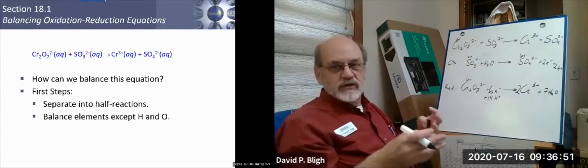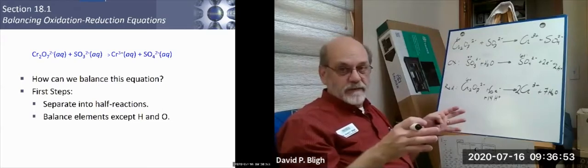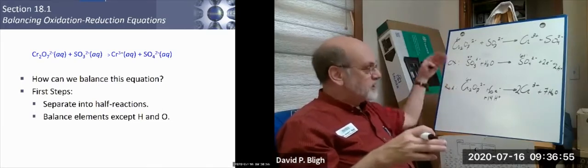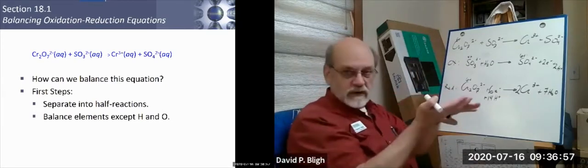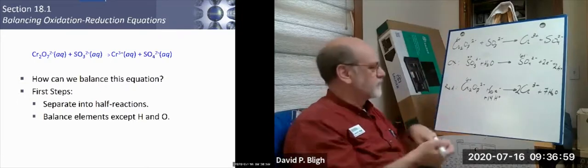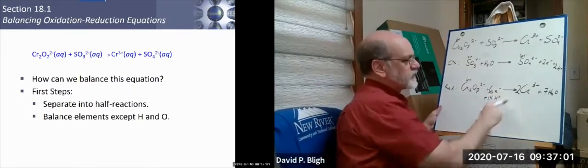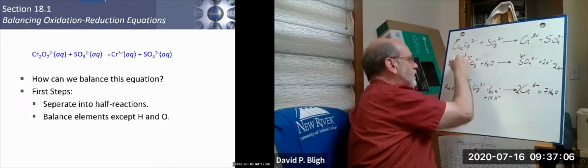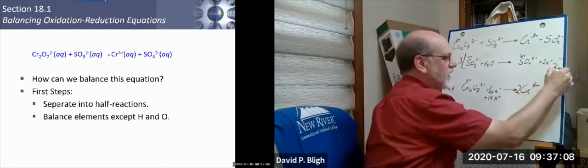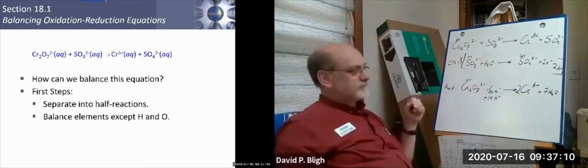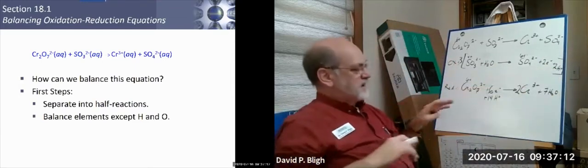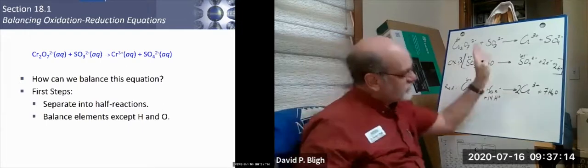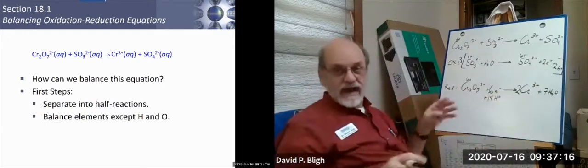Now we need to do whatever is necessary to balance the electrons between the 2 so that we can add them together. So this is 6 electrons. We need 6 here. That means the whole thing is multiplied by 3. 3 times 2 is 6. 6 electrons on this side, 6 on that side. Now we can add them together.